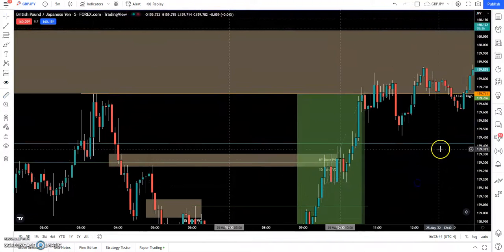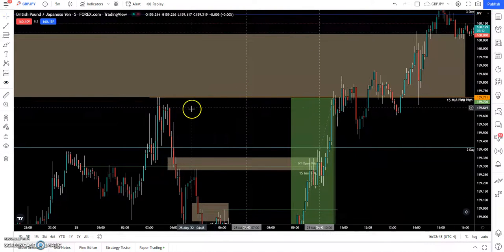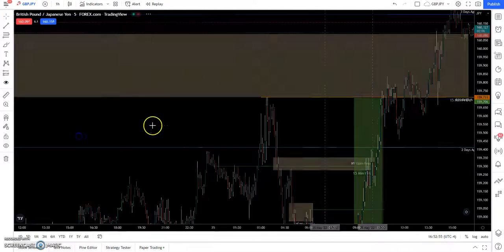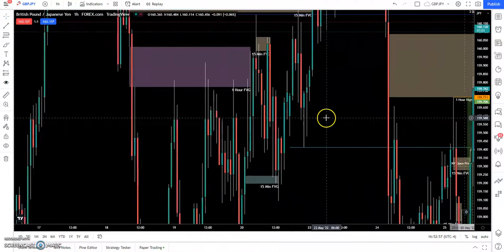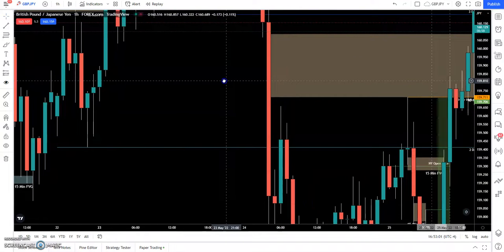Now obviously the market did continue to go higher. We had a 1 hour fair value gap. Now this 1 hour fair value gap is a bit funny, and the reason why I say it's funny is because it's actually not a 1 hour fair value gap.